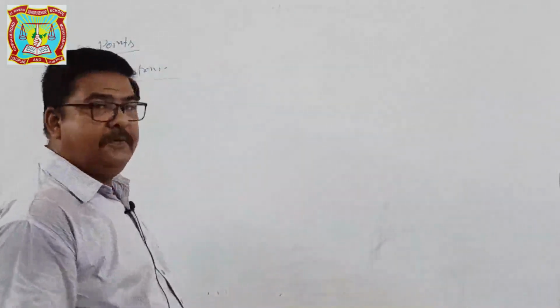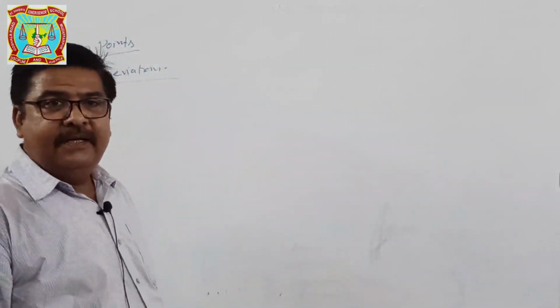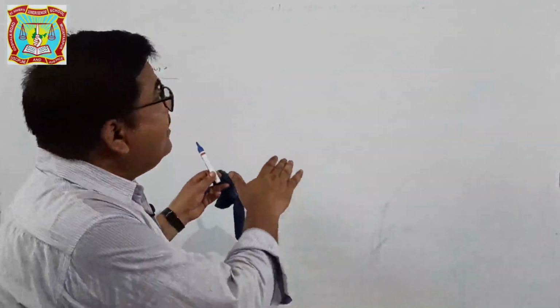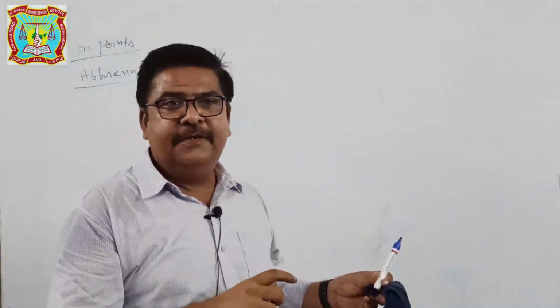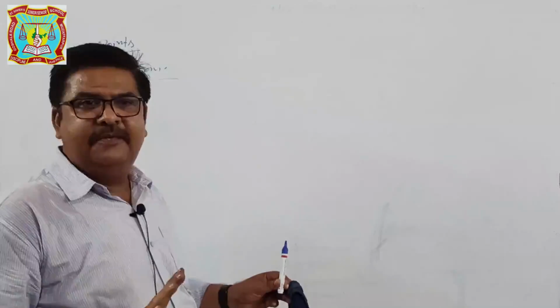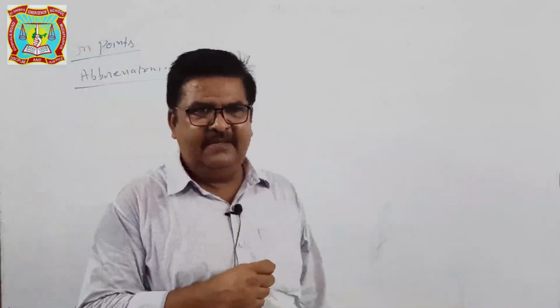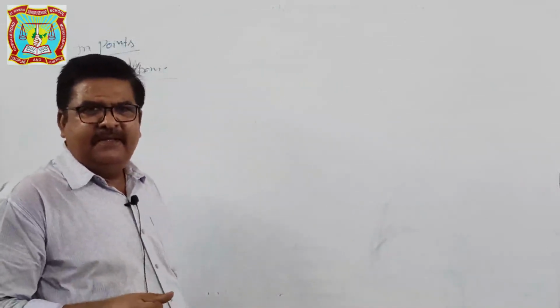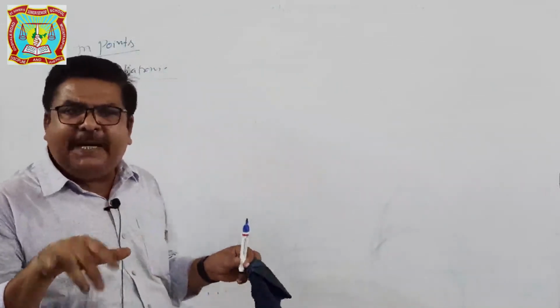Thereafter, if you need, the sub points can also be marked. If you wish to, you can mark those areas which are not necessary to be included in your note. So these are the techniques. It doesn't have any fixed rule. These are the techniques that you are expected to adopt.